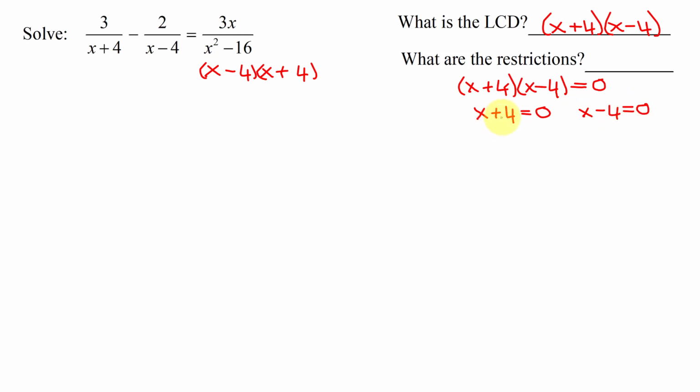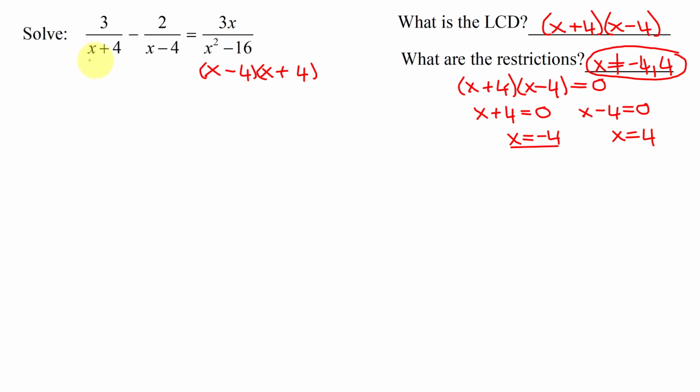The first one, subtract 4 from both sides. I get x equals negative 4. Second one, x minus 4 equals 0. Add 4 to both sides, you get x equals 4. So the restrictions are x cannot equal negative 4 and positive 4. So I'm going to have to check my answers against those restrictions.